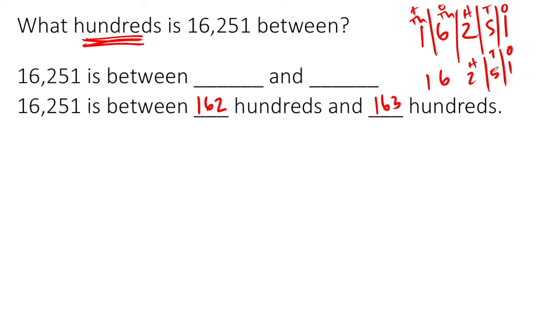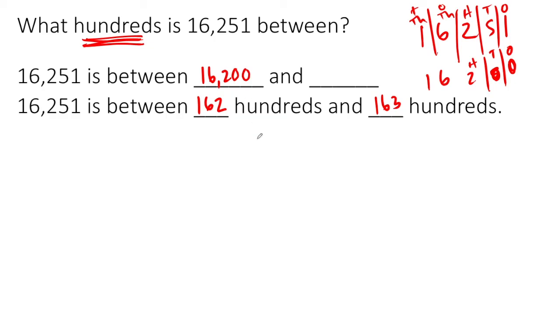Now let's think how we write 162 hundreds. It's just like Mr. Rodriguez said, we almost imagine these becoming zeros. We get 16,200. That's 162 hundreds. What's the next number?